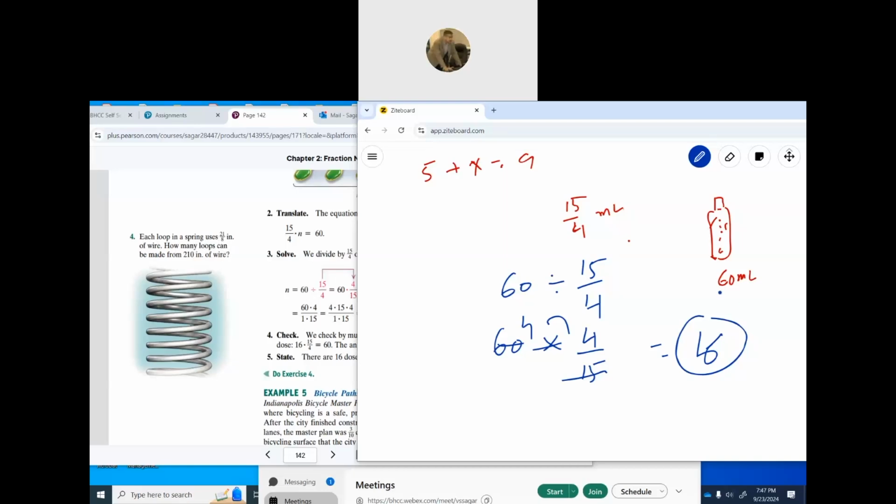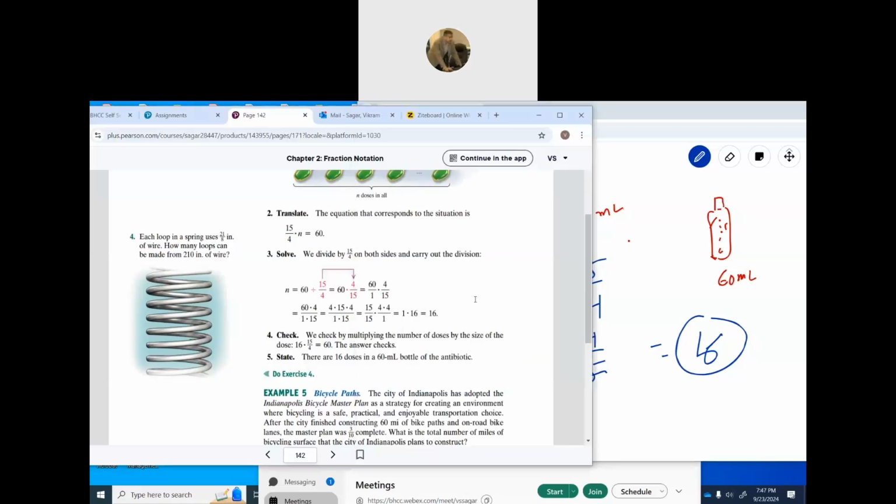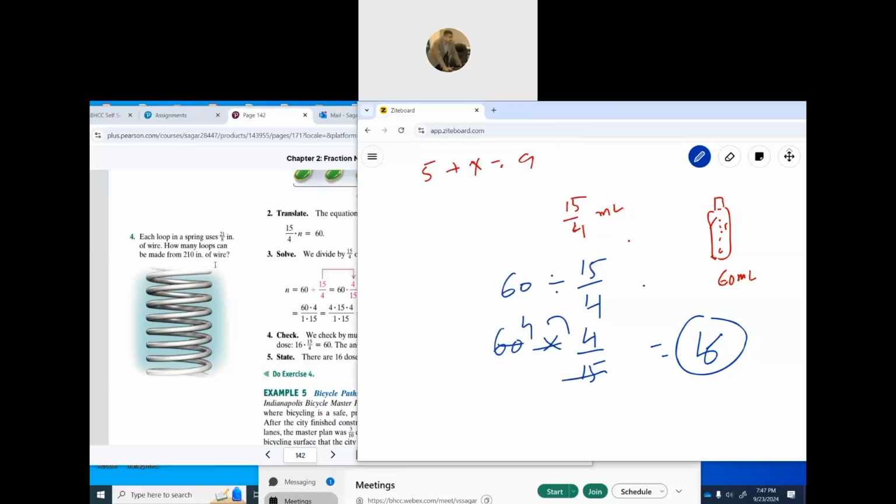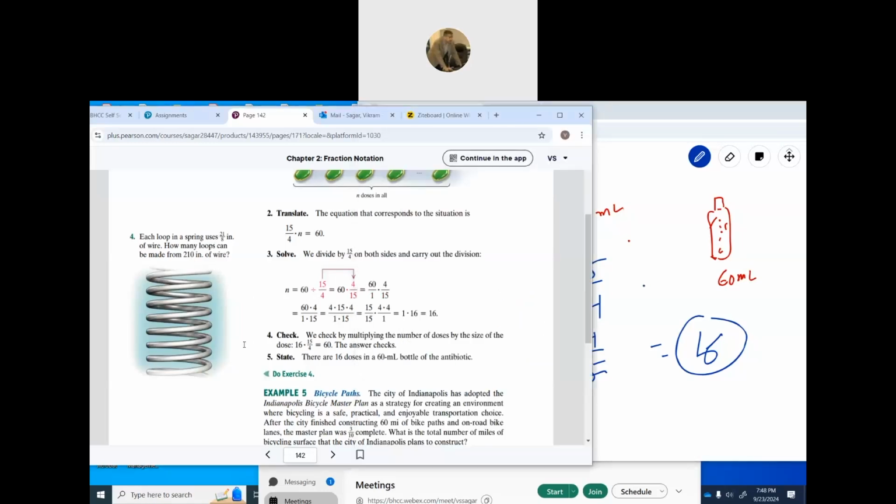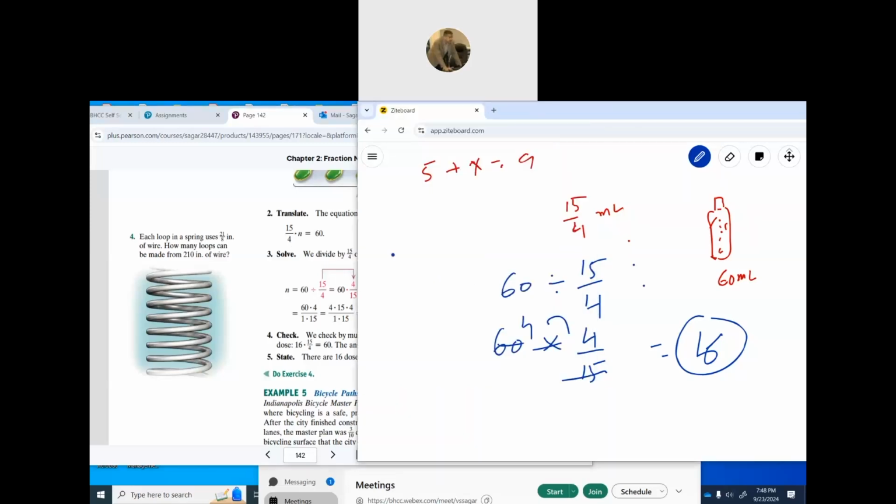This is also exactly what we just did. If you wanted to do it the other way, you can. But since we know what we have to do, this is the total, and this is each loop. This is also a division. So I don't have to write it down the way the book is doing. I'm just going to say 210 divided by 21 over 8.